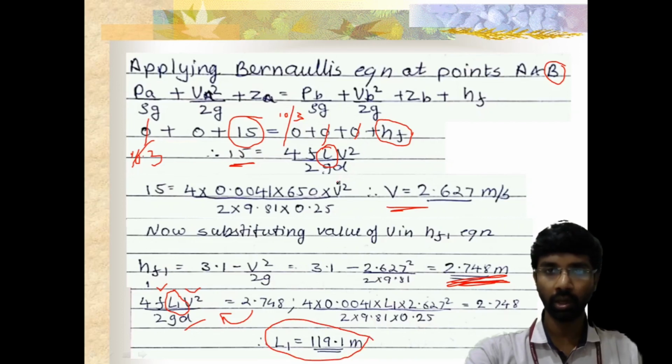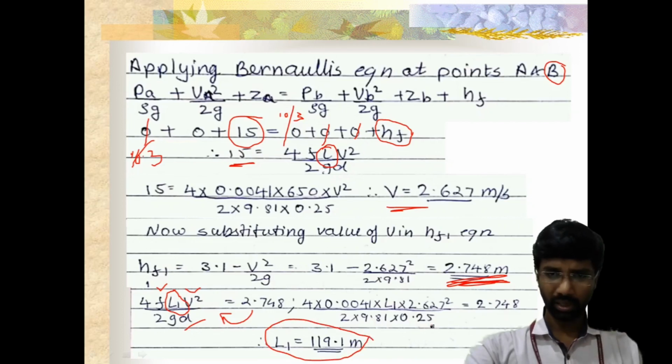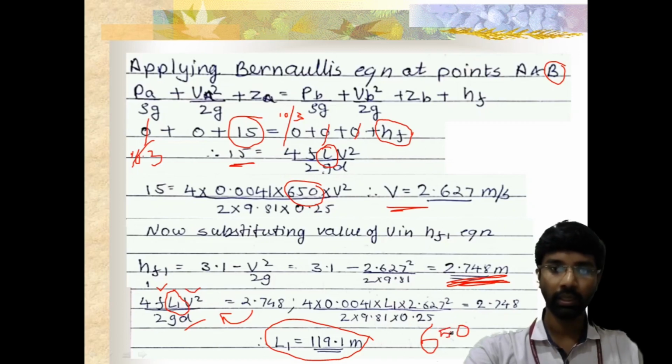What is the total length here? It is around 650 meters, I think. Here it is given 650. Definitely your inlet length must be less than the outlet length. Why? Because we have already discussed earlier, whenever the outlet length is more, more fluid will be available in the outlet length.